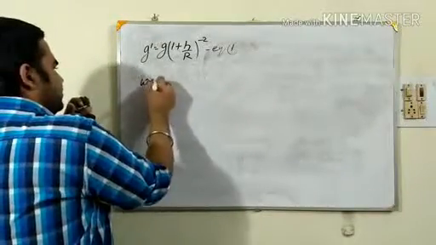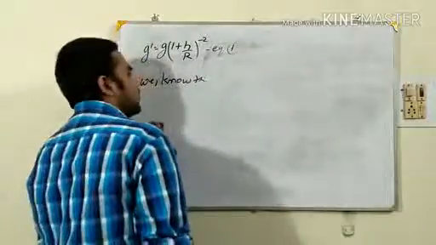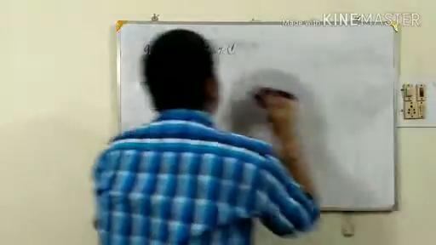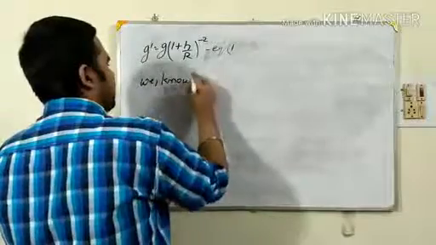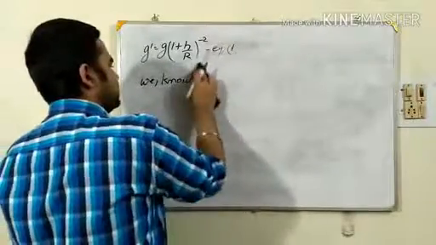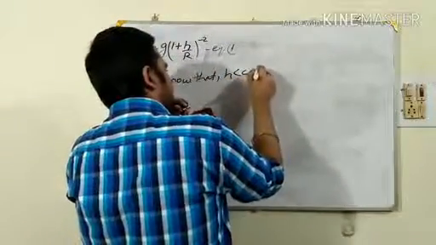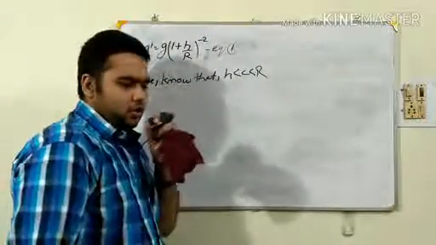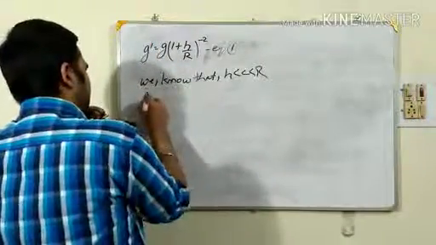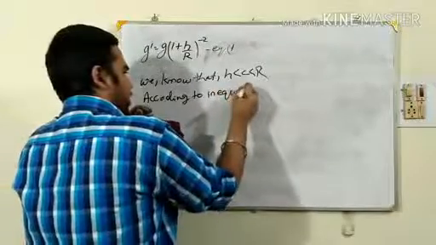Now we know that h is very less than R. According to inequalities, h upon R is less than 1.